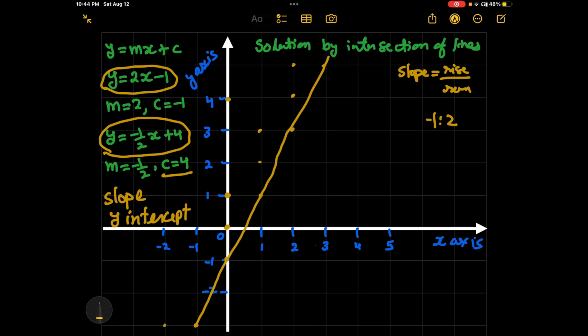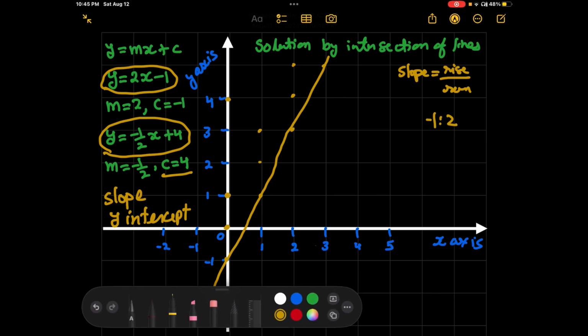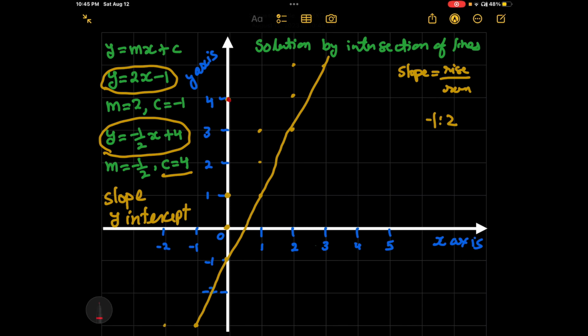Let me change the color here. Start here, 1 down and 2 forward, 1 down, 2 forward. In fact, you don't have to mark it all over the place. You can just take one ratio and do it in that ratio.